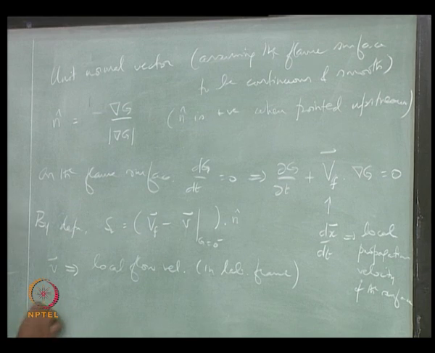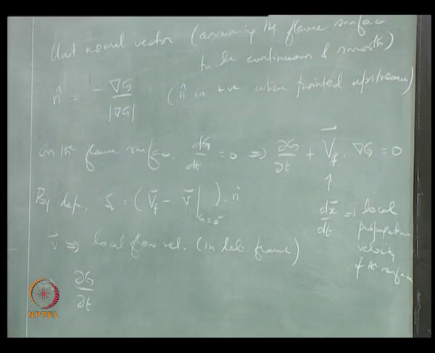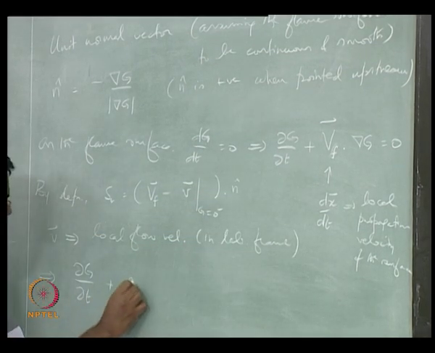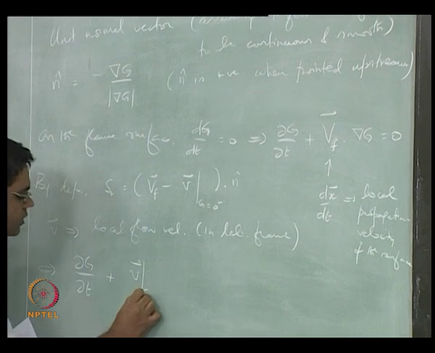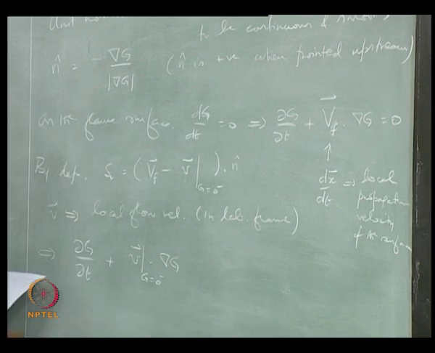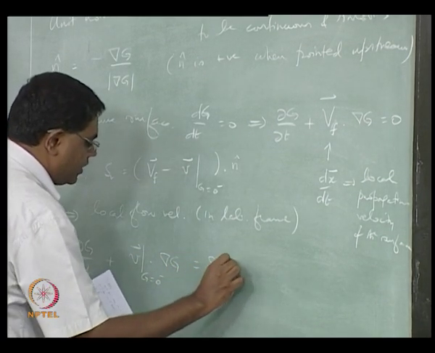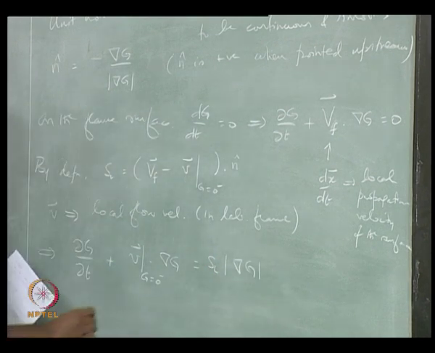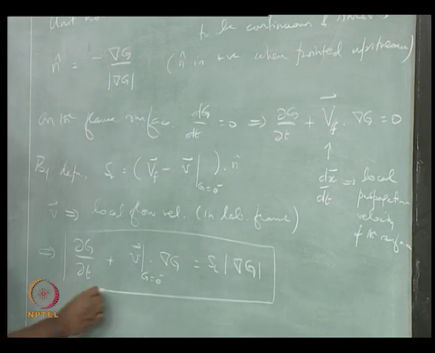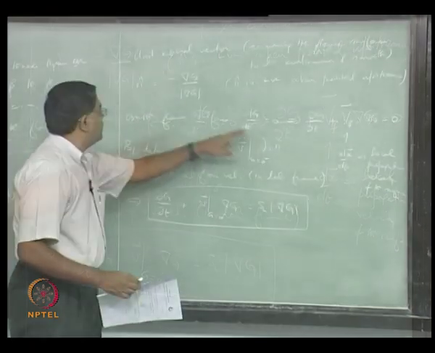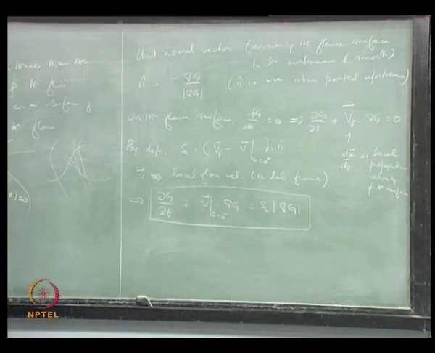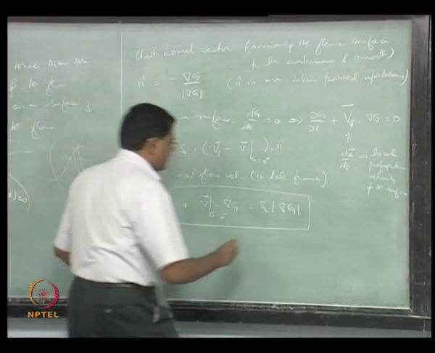If you now plug this back, you can get in this equation partial G over partial t plus V obtained at G equals 0 minus dot grad G equal to SL mod grad G. That is, substitute for n as minus grad G divided by mod grad G and you should be able to get this. So this is what is called the G equation.